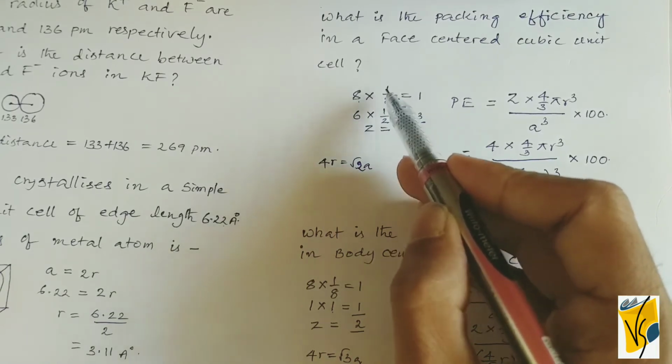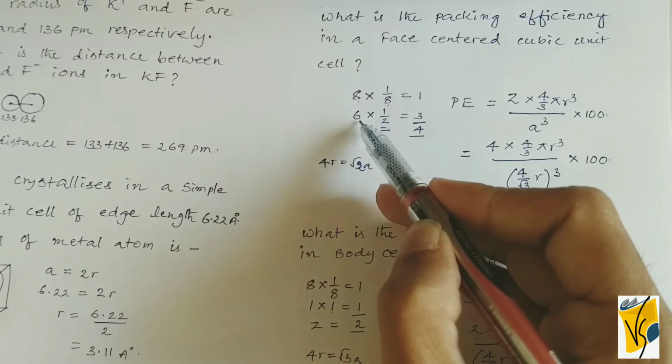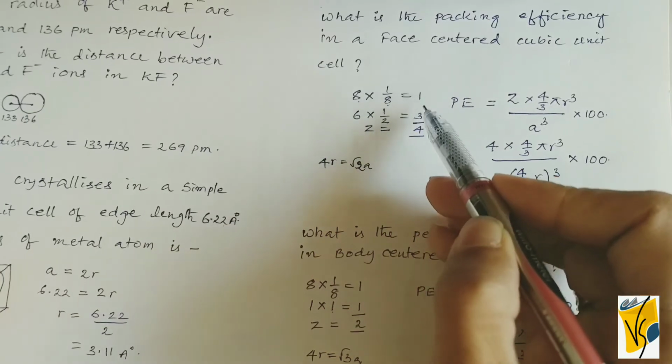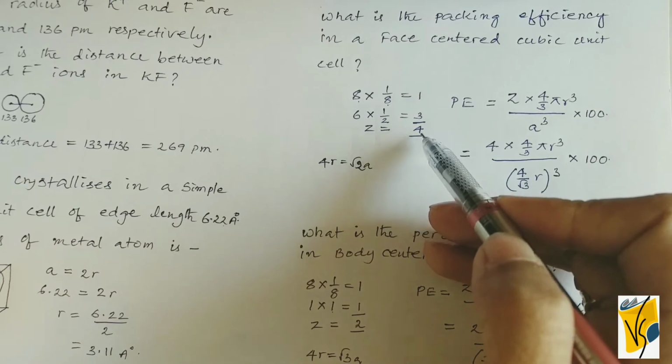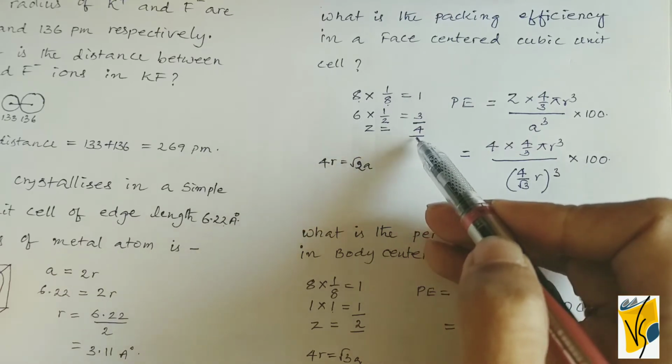Okay, so that is 8 into 1 by 8 equal to 1, and 6 atoms are there in the faces, and contribution to 1 unit cell is 1 by 2. So 6 into 1 by 2 is equal to 3. So what is the total number of atoms present in 1 unit cell of face centered cubic? That is equal to 4. Okay, so effective number of atoms is equal to 4.